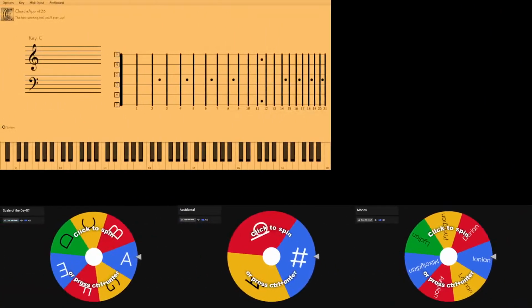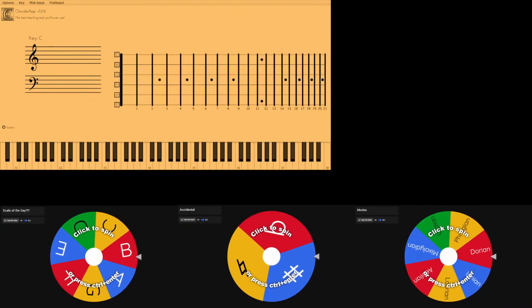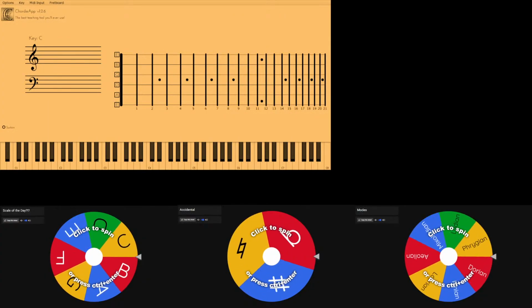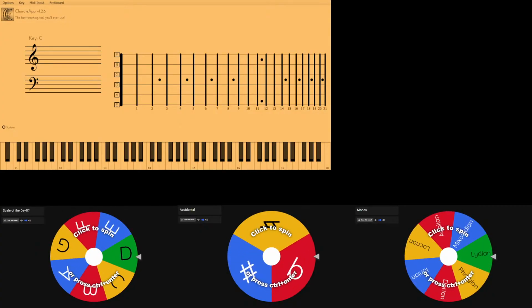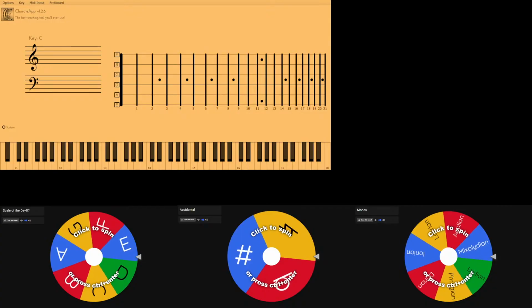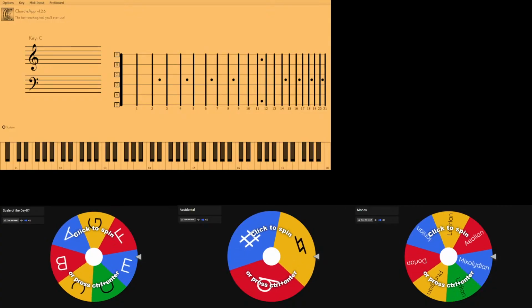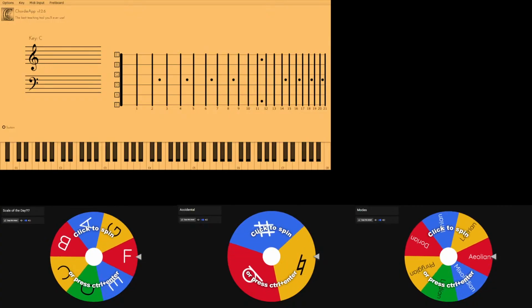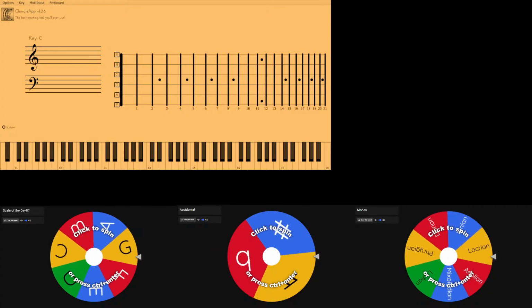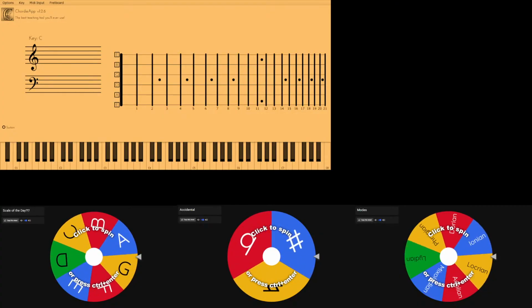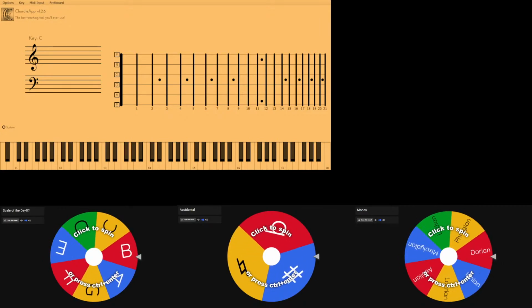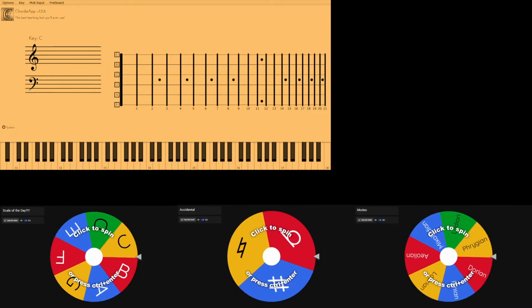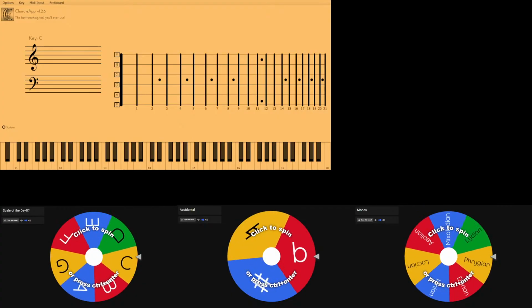Let's do this again. Rename. Scale of the thing. Show transition. Cloud. Add high transition.